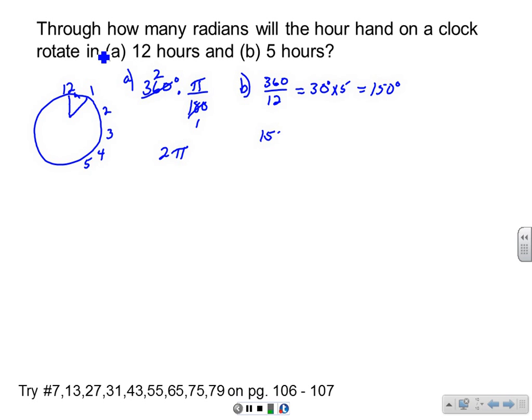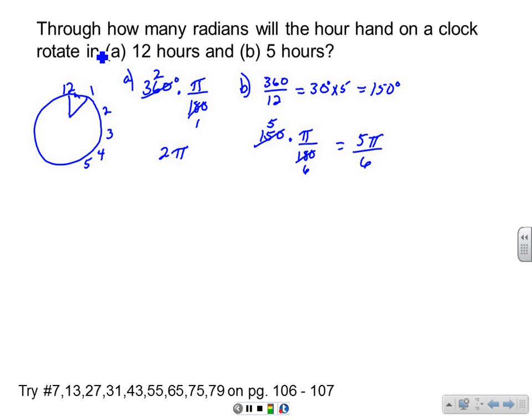So if we convert 150 degrees to radians, we're going to have pi over 180. And then if we reduce by 30, that'll go to 5, that'll go to 6, and so we're going to get 5 pi over 6. So for 5 hours, you're going to go 5 pi over 6 radians.